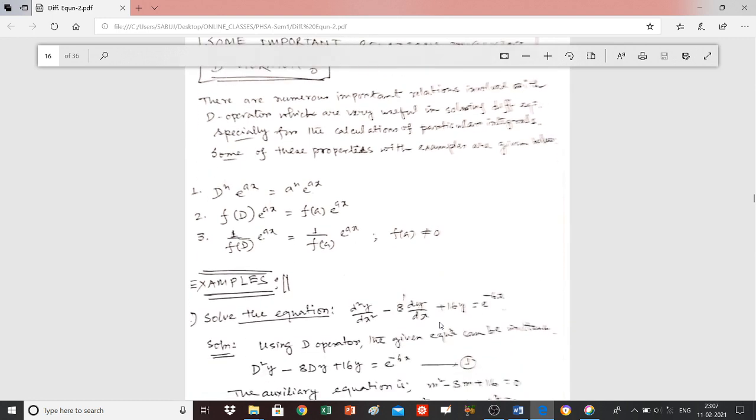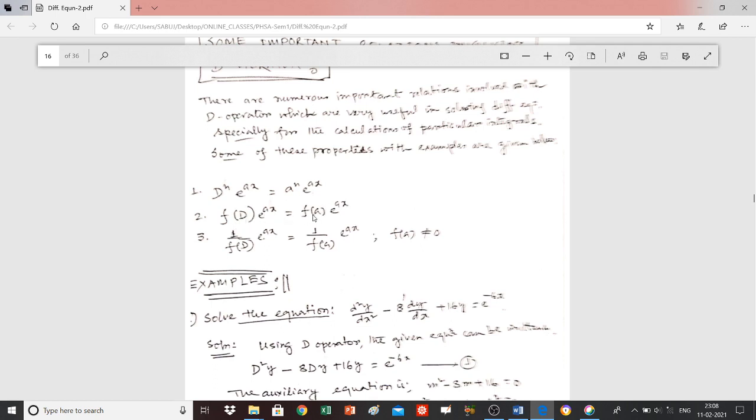Here are some relations: D^n e to the power ax can be written as a^n e to the power ax. You can use the value of n as 1, 2 or 3, then you can easily prove it. And then f(D) e to the power ax can be written as f(a) e to the power ax, so D is replaced by a.